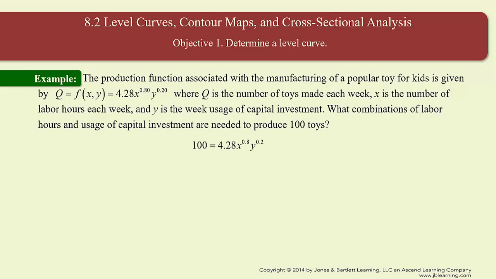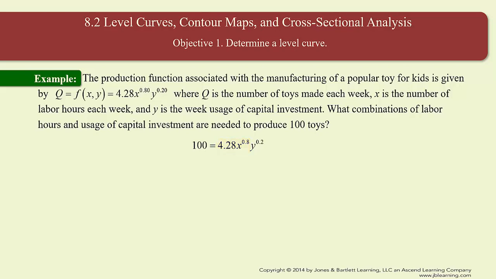But in order to graph that in the xy plane, and I will use my graphing calculator to graph it, when you use your graphing calculator to make a graph, everything is in the form y equals some function of x. So I have to take this equation and solve it for y. My first step in solving for y would be to divide both sides of the equation by 4.28x to the 0.8.